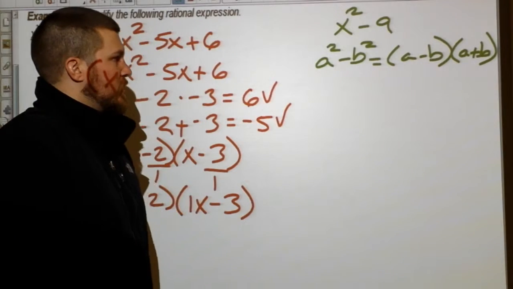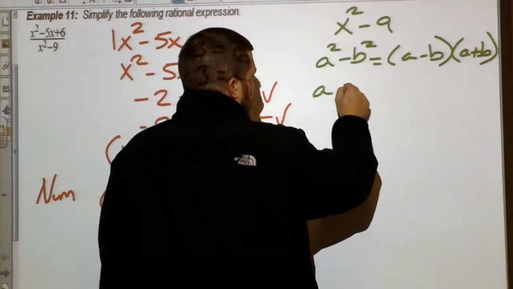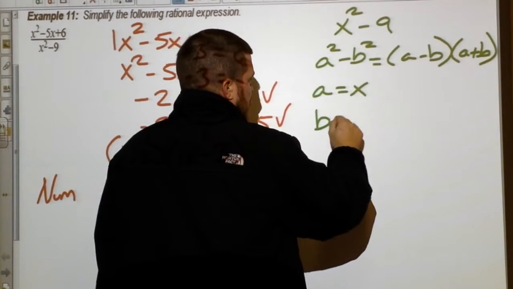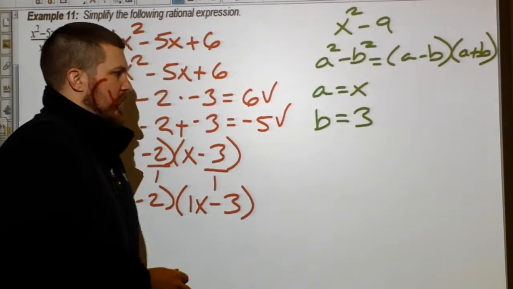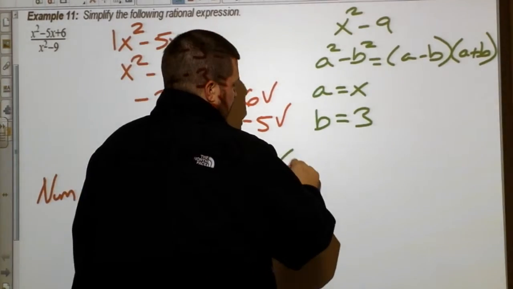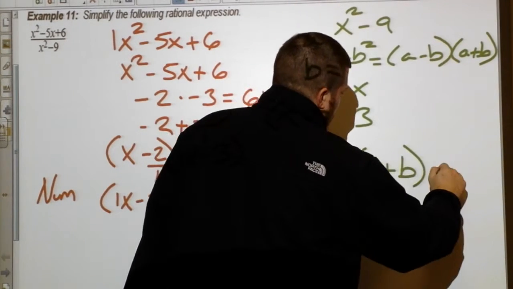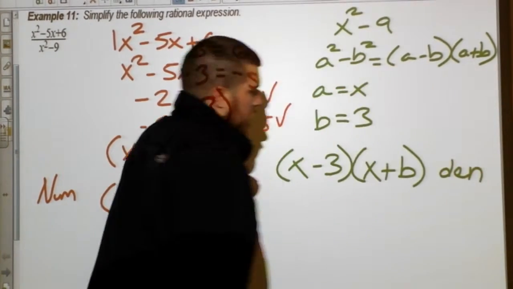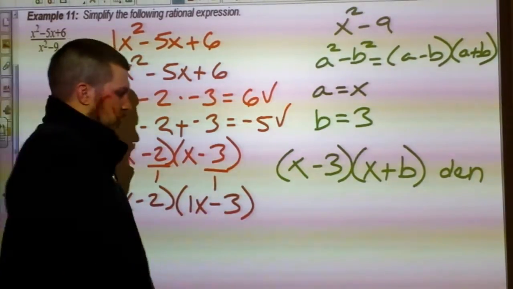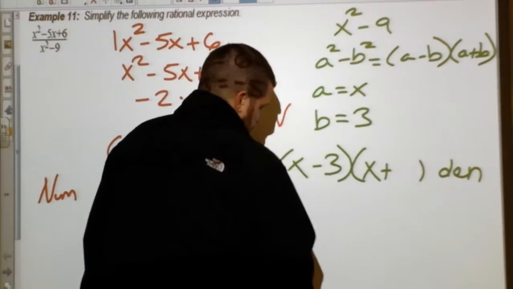Okay, well, it's pretty easy here to see that a is going to end up being x and b is going to be 3. So that means our factoring rule just becomes x minus 3, x plus 3. That's our denominator.